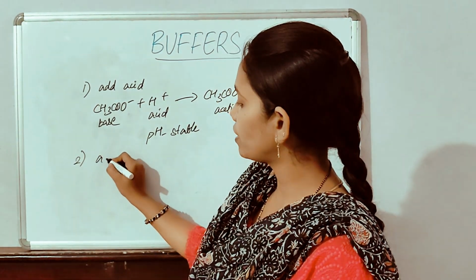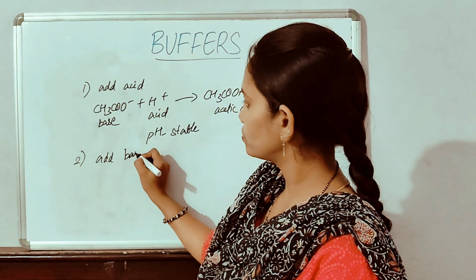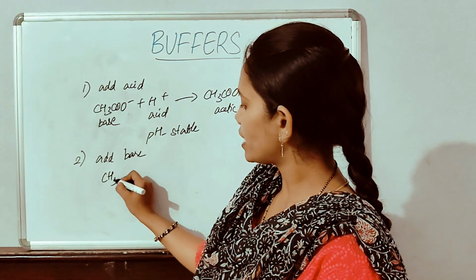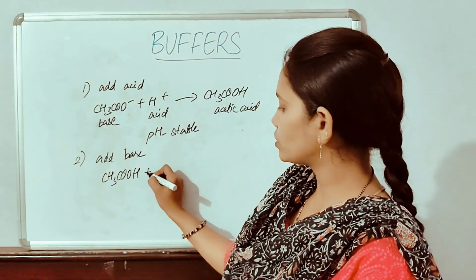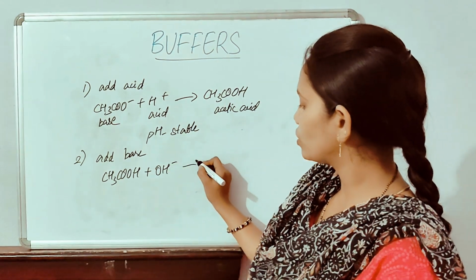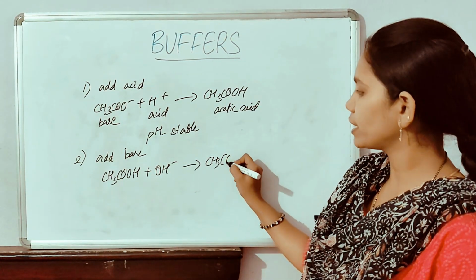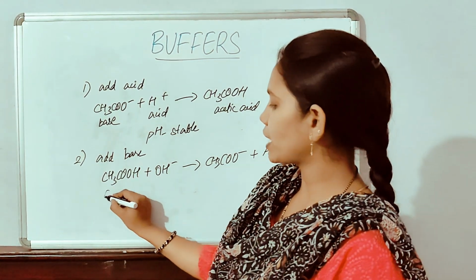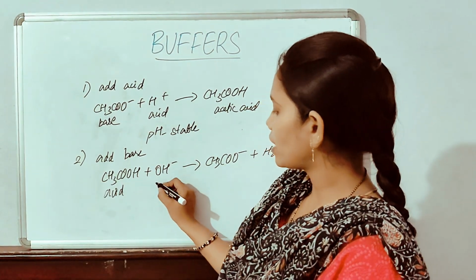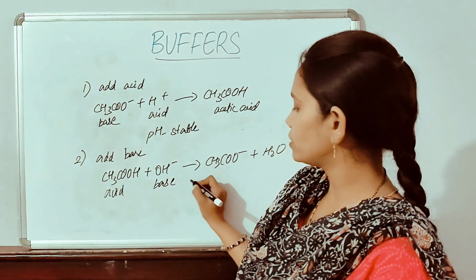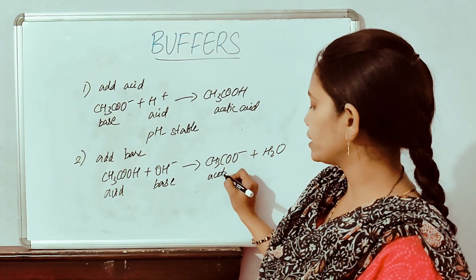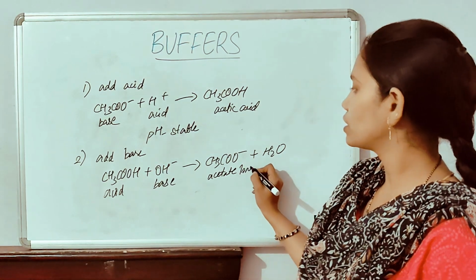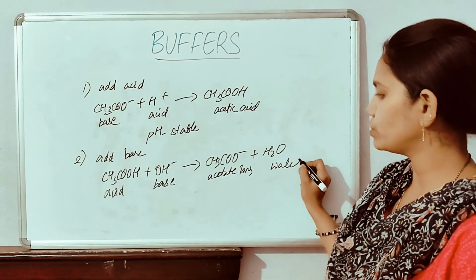Two, when you add base, acetic acid reacts with base to form acetate ions and water molecule. So here acetic acid is an acid, hydroxide ion is a base, to form acetate ions and water molecule.